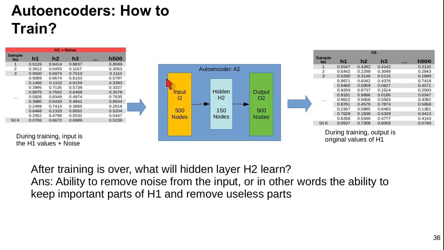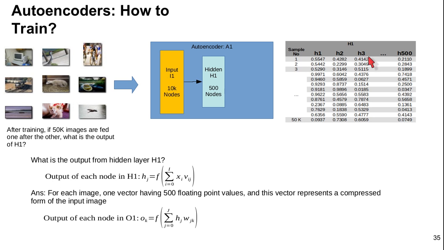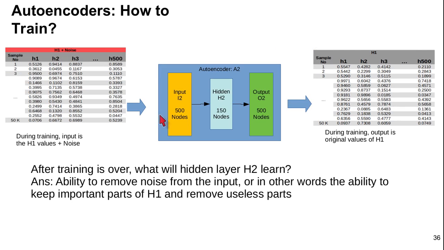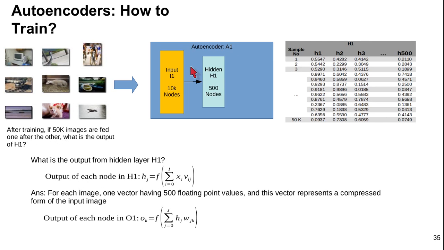The input of autoencoder A2 will be this table with noise added to it. That means for each sample, for each feature vector, we would add noise to some of the columns, and that would be input to the autoencoder A2. The autoencoder A2 would be expected to remove this noise and generate the original feature vector.